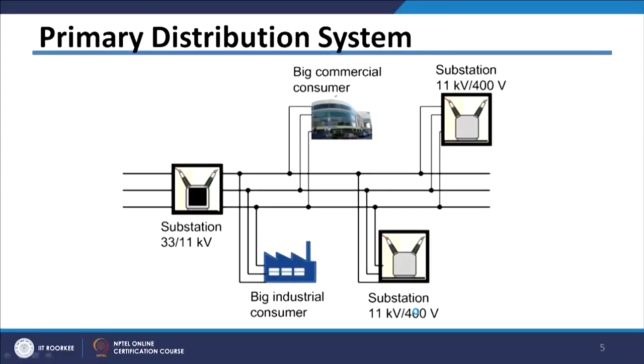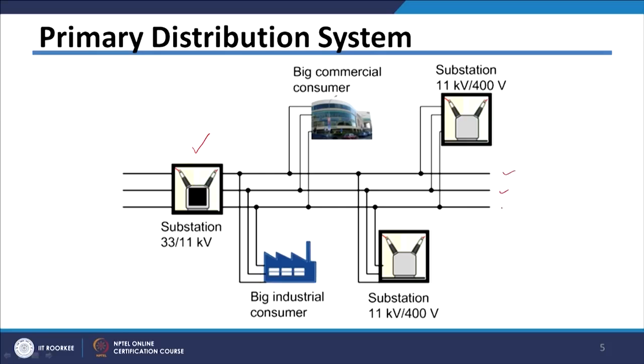Now, if you see the structure of your primary and secondary distribution system, which you have seen earlier, the primary distribution system basically consists of your 11 kV network. We also call it the HT level, high tension lines. It starts from your 33 to 11 kV substation, and it will basically be a 3 phase 3 wire system.